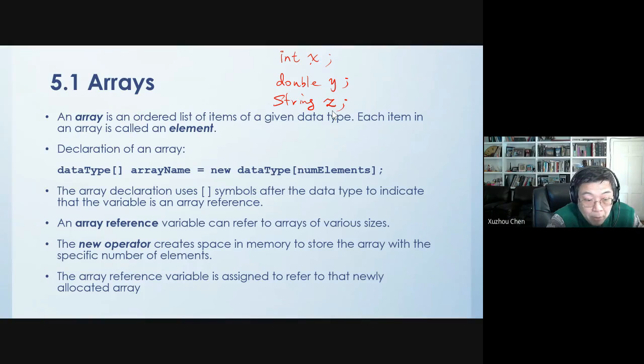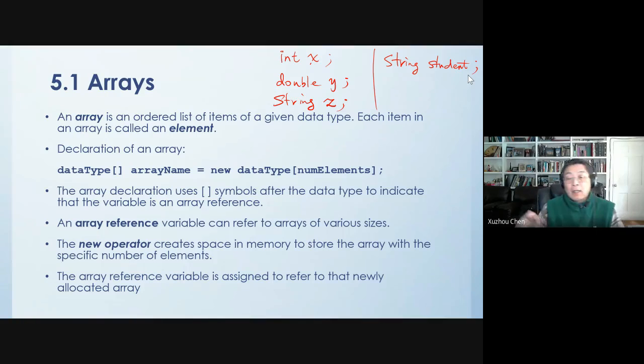I can do that, right? And then I can declare a string called student. So basically, I declare a variable called student so that I can assign a name to the student. Fine, right? That's not a problem.